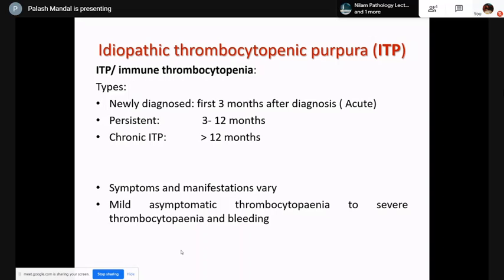If it is more than 12 months, that is more than a year, the ITP is persisting, it becomes a chronic ITP. The names acute and chronic, I have already told you. Acute means of a shorter duration and chronic means of a longer duration. Symptoms and manifestations may vary, from mild asymptomatic thrombocytopenia to severe thrombocytopenia and bleeding.